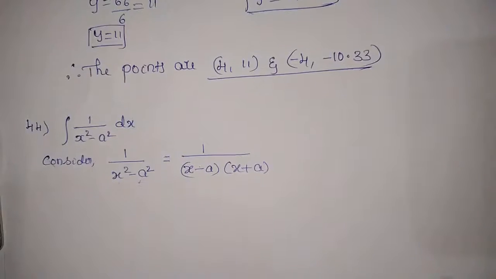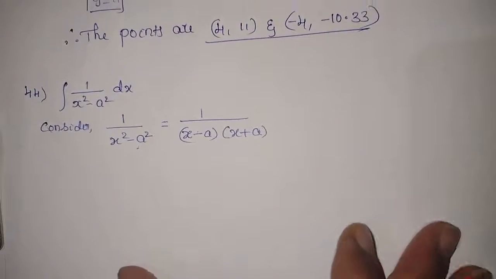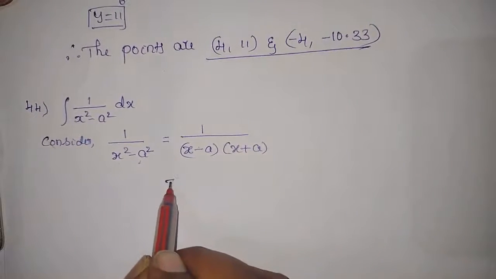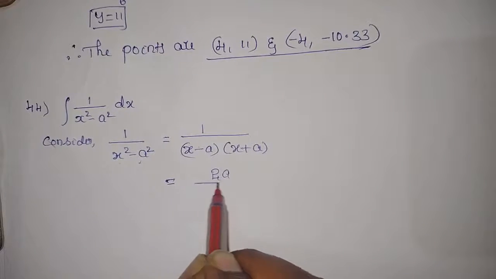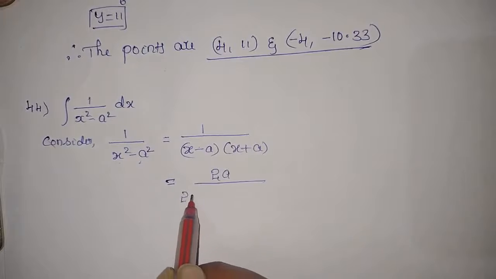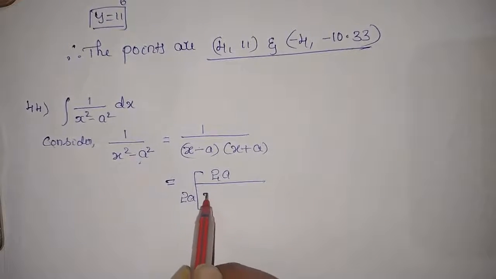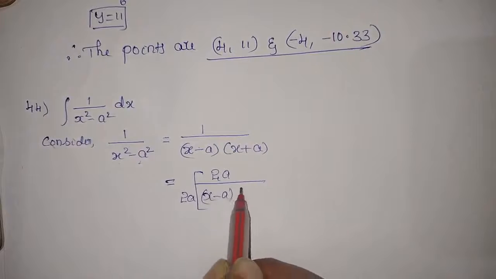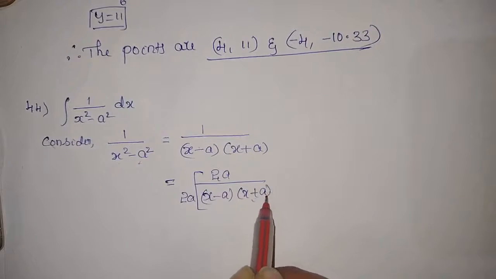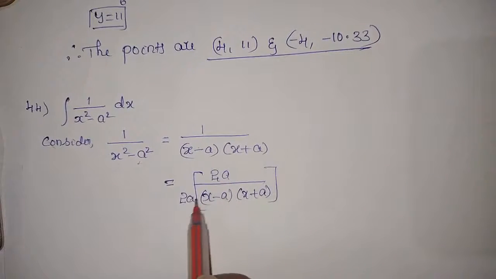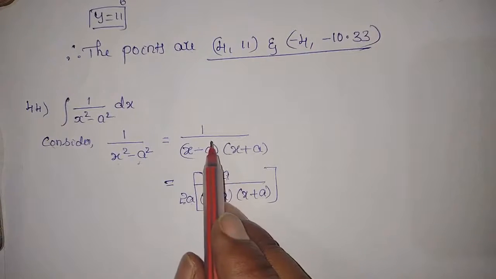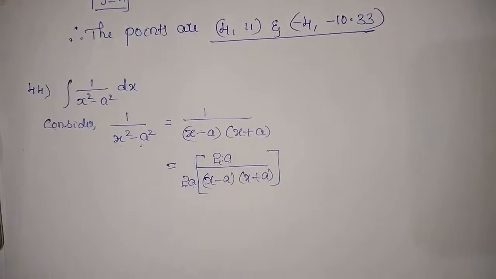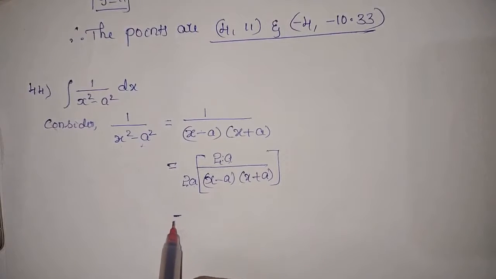After that, with small rearranging, it is also equal to 2a divided by 2a into x minus a into x plus a. What happened here is we divided and multiplied by 2a. If 2a cancels, we get the above equation. Is it? So it is also equal to 1 by 2a, as it is.